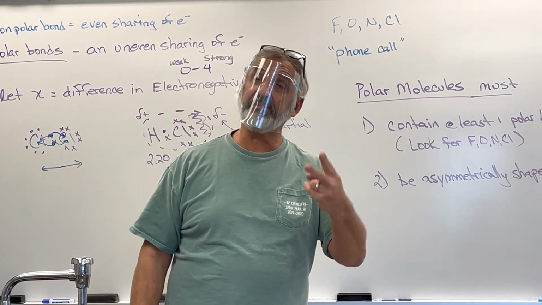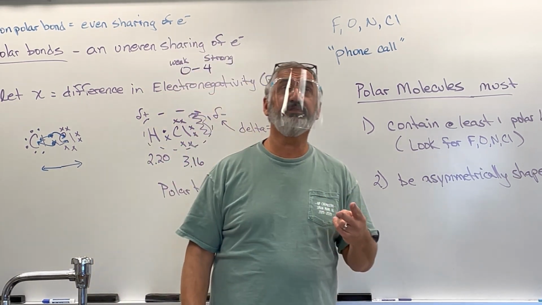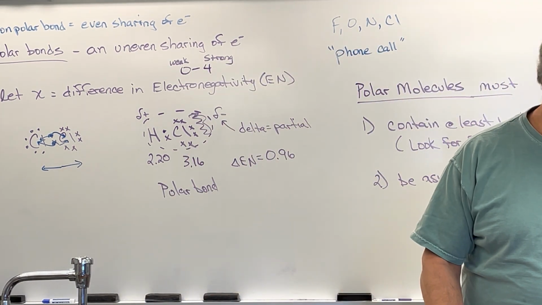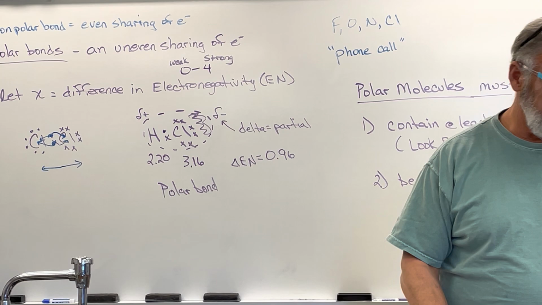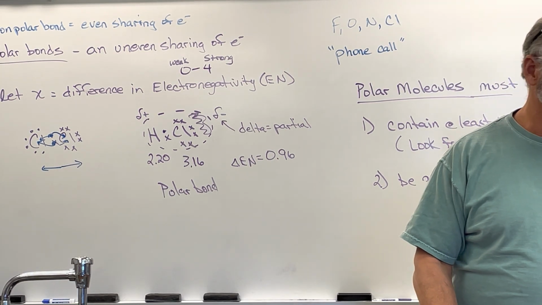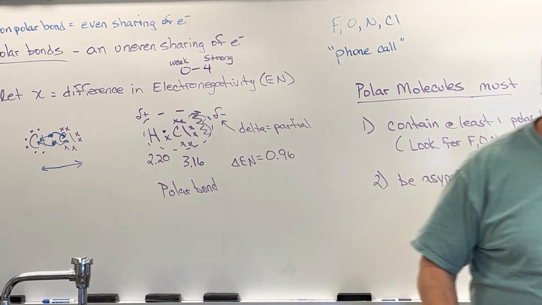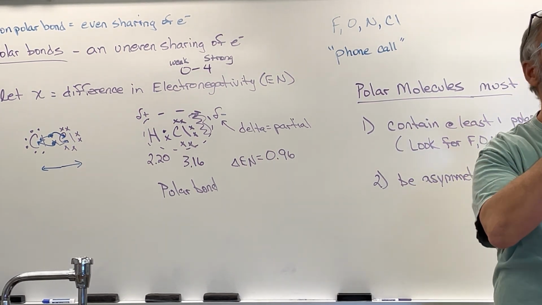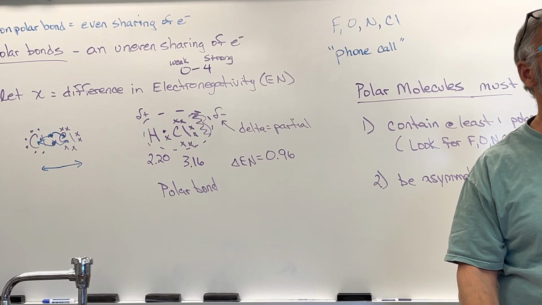There are two exceptions to that. AX4E2, this square planar one. Oh, it's right here. This square planar one has two lone pairs, but it's still symmetrical. That's just an exception to when it's got lone pairs.